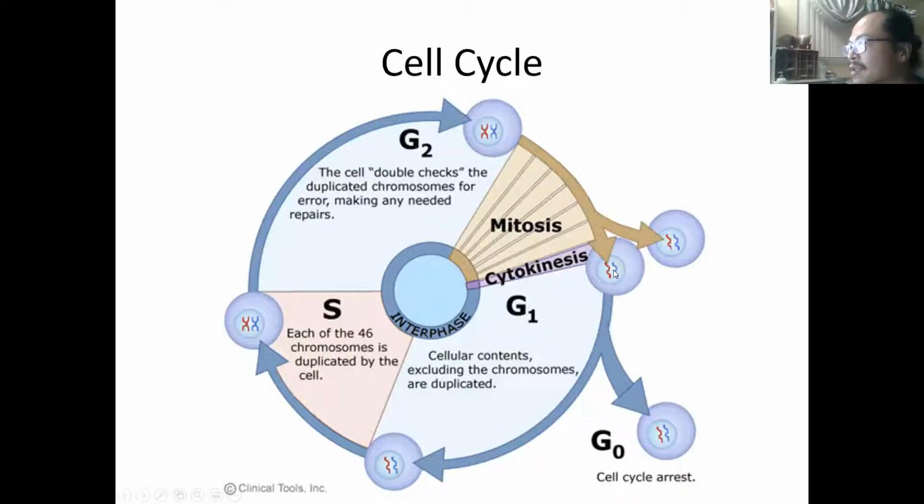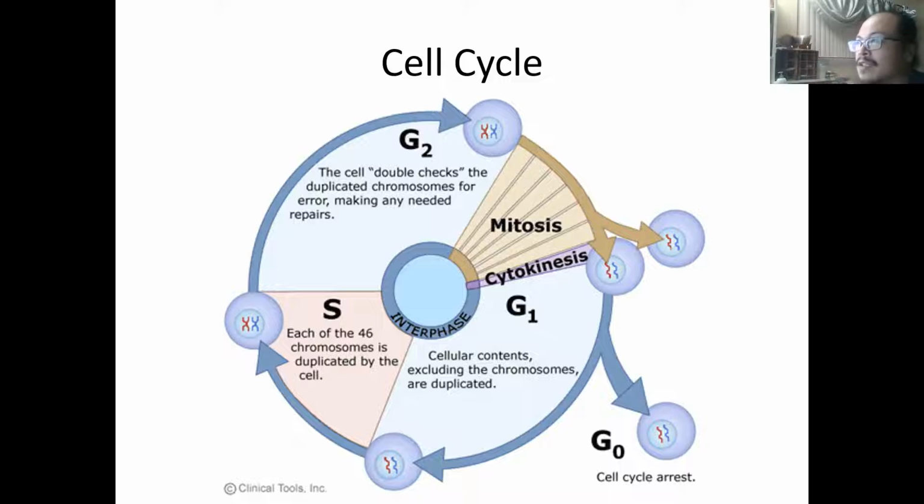These cells will then go through the cell cycle. In G1, G refers to a gap, meaning the gap before division again. G1, G2 here. In G1, the cell is growing. So the small, newly formed baby cells will become bigger and bigger.